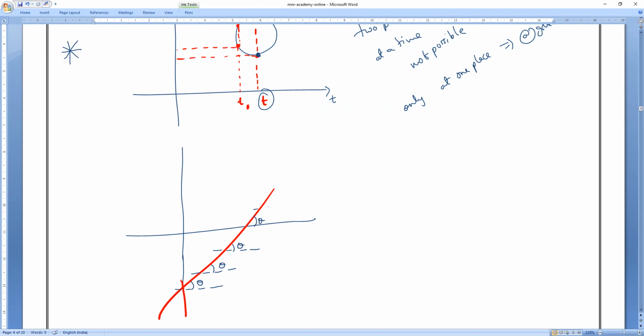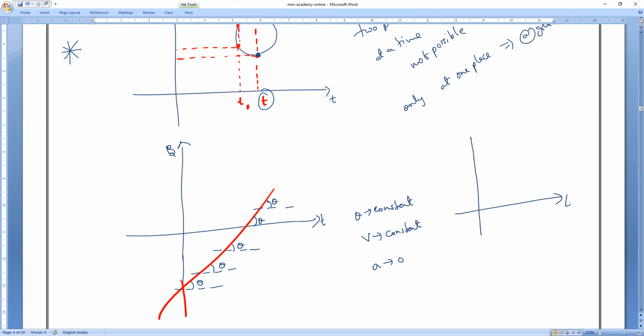Same or different at every point? Constant. So theta is constant. If theta is constant, then V is constant. V is constant means acceleration becomes what? Zero. Clear? Understood? Next.